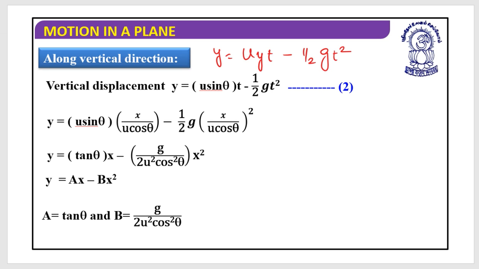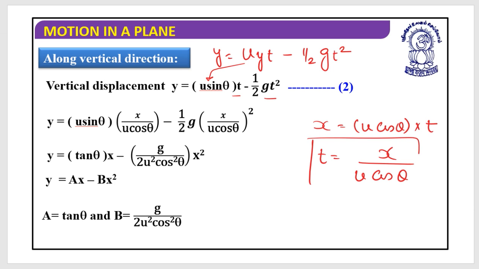So let's write it down: y is equal to u sin theta into t minus half into gt square. Now in the previous slide I have a relation that x is equal to u cos theta multiplied by t. So in the same way, t could be written as x divided by u cos theta. I'm just going to replace this.